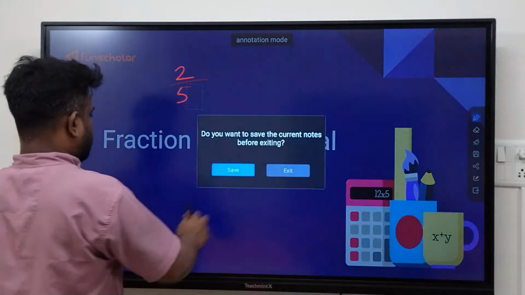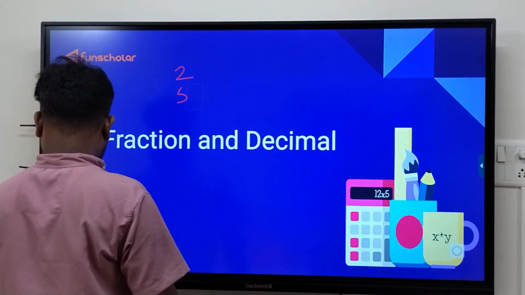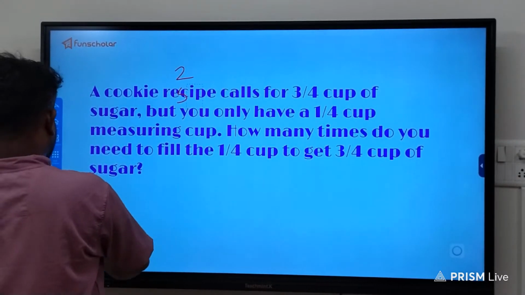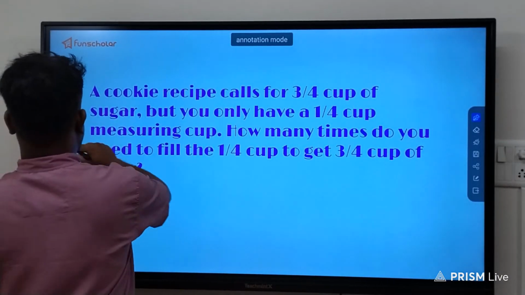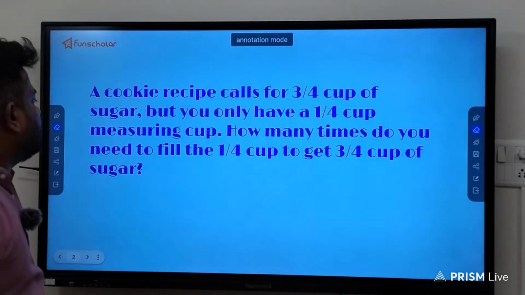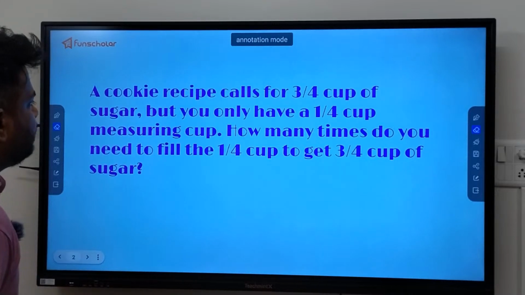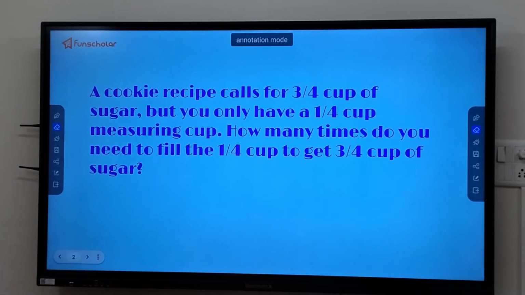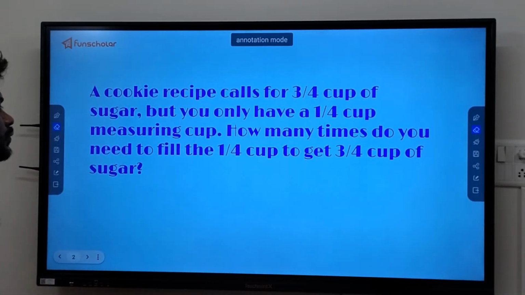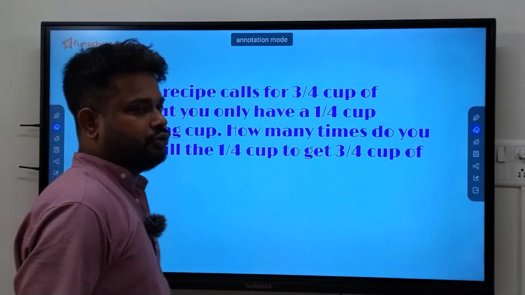From the next slide, if I say that a cookie recipe calls for 3/4 cup of sugar, but you only have a 1/4 cup measuring cup, how many times do you need to fill the 1/4 cup to get 3/4 cup of sugar?